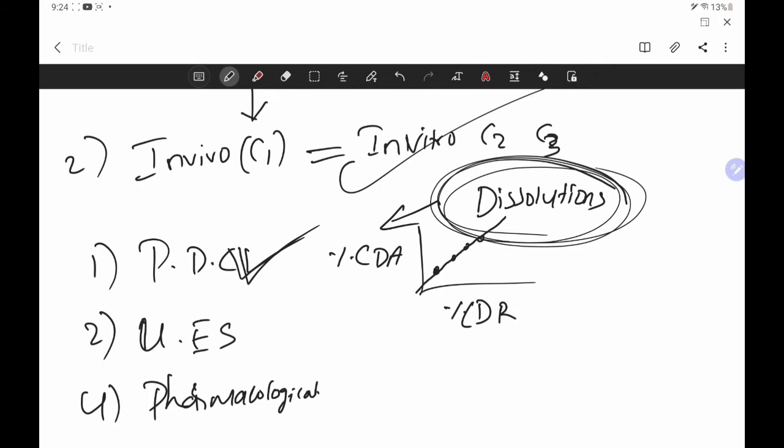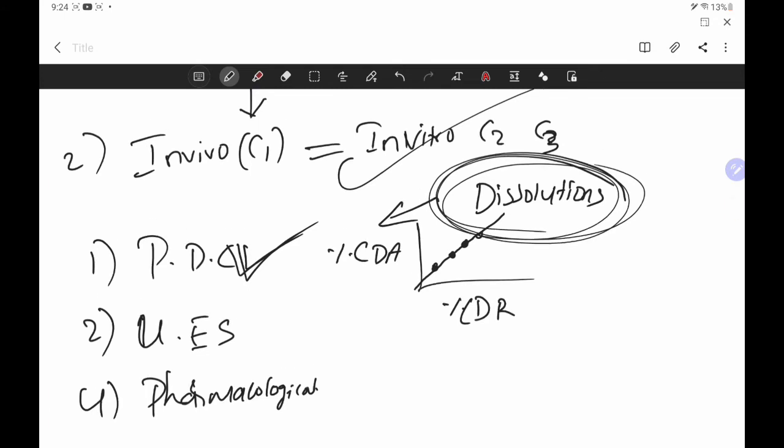So outside it is released and absorbed is also the same. 20% is released, 20% is absorbed, 30% is released, 30% is absorbed. So the basic concept in in vitro in vivo correlation is that the amount of drug released should be equal to the amount of drug absorbed.